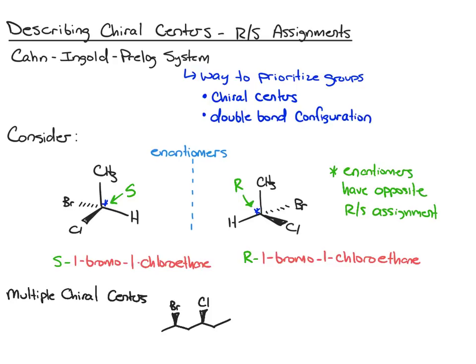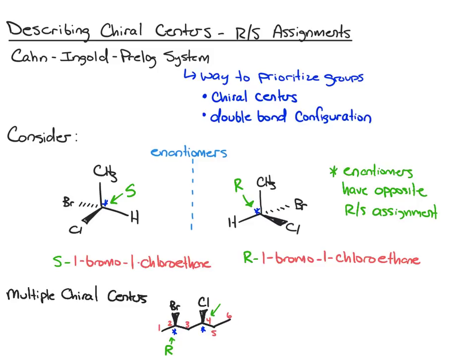Now, what if you have multiple chiral centers that you have to deal with in a name? So here we have 2. If you are generating the IUPAC name for this, of course we'll number from left to right. The configuration of these chiral centers, we have on this first one an R configuration.